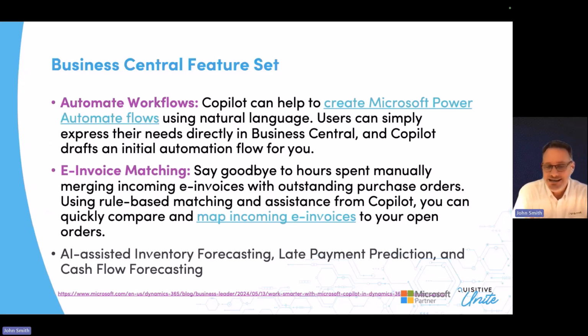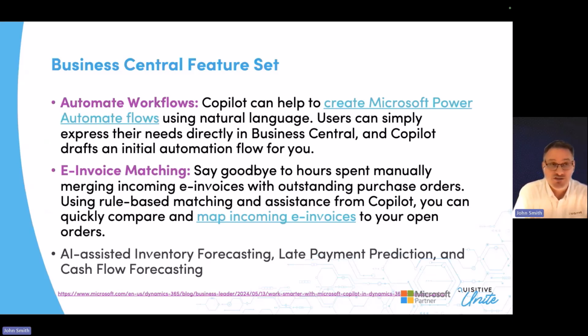And then there's an e-invoice matching piece here. There's new functionality in Business Central related to electronic documents. We may send out an electronic invoice to a customer, and we may receive vendor invoices from vendors. Copilot has been built into this to help with mapping the incoming invoices.